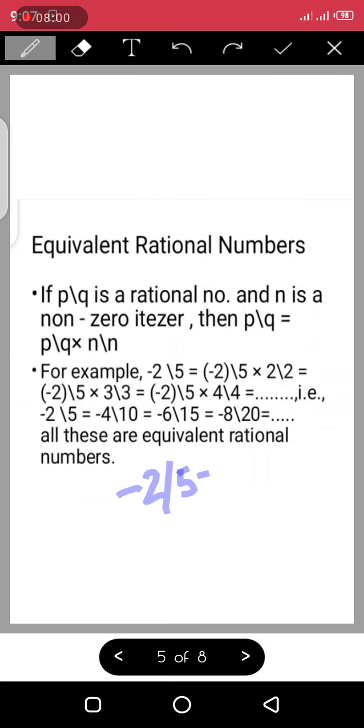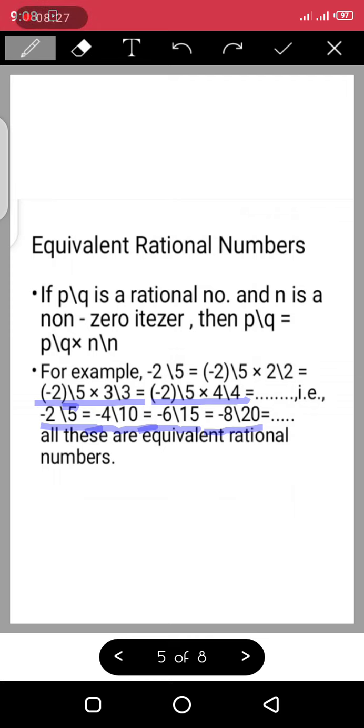Similarly, with 3, n is equal to 3. So minus 2 by 5 into 3 by 3. Then again we are doing it for 4: minus 2 by 5 into 4 by 4. So it will come in a series like minus 2 by 5, minus 4 by 10, minus 6 by 15 and minus 8 by 20.